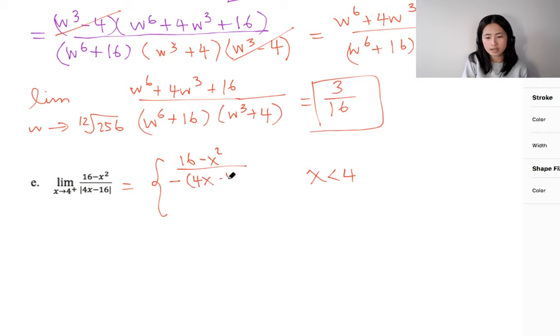On the other hand, because we're looking at x greater than 4, that means you need to write this as positive now, right? So it's 16 minus x squared over 4x minus 16, right? And that's it. So that's your positive and your negative. So remember, absolute values, piecewise functions.